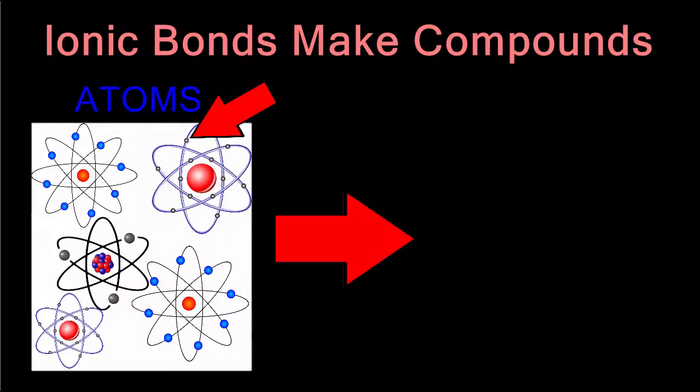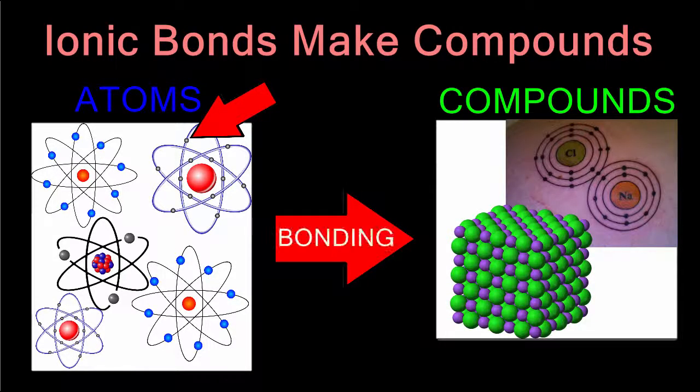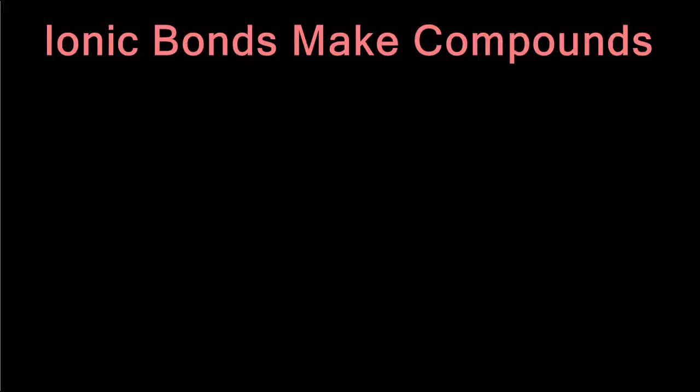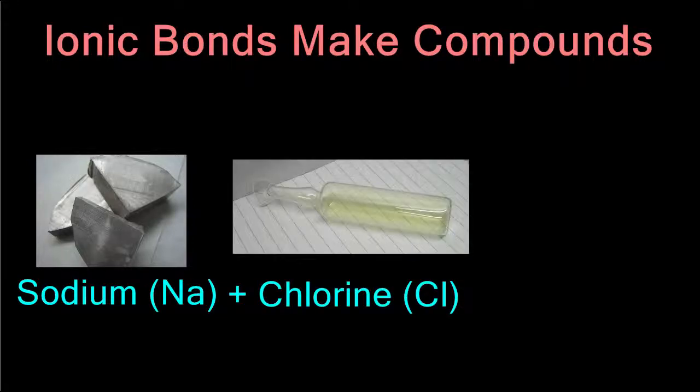When atoms join together to form compounds, it is called bonding. Compounds can have very different properties from their component elements. For example, sodium is a metal. It reacts violently with water. Chlorine is actually a poisonous gas that has a greenish-yellow color.